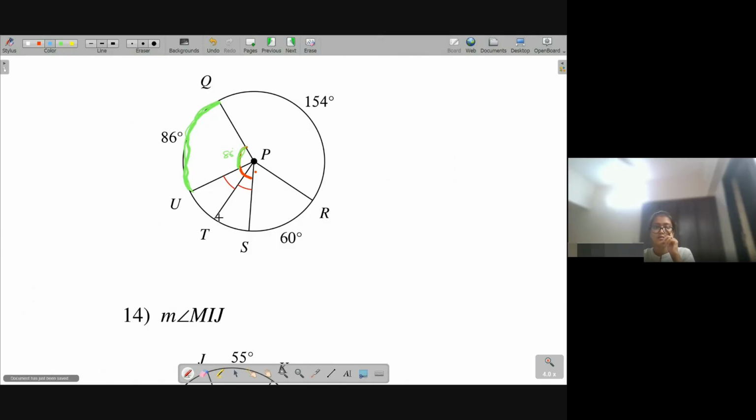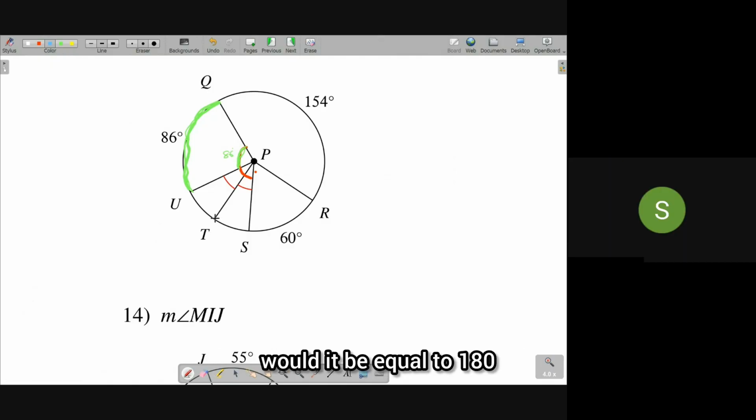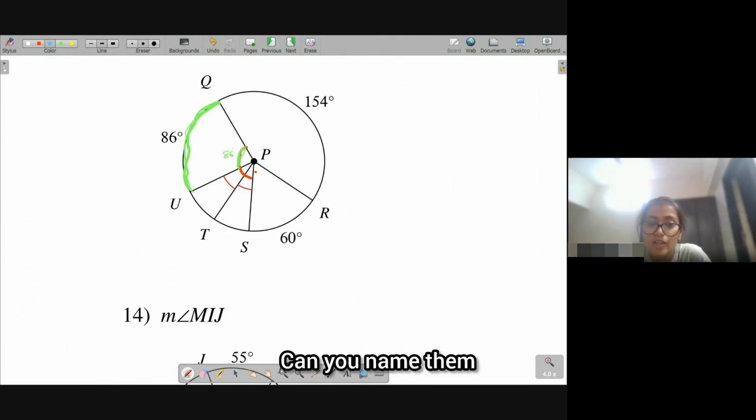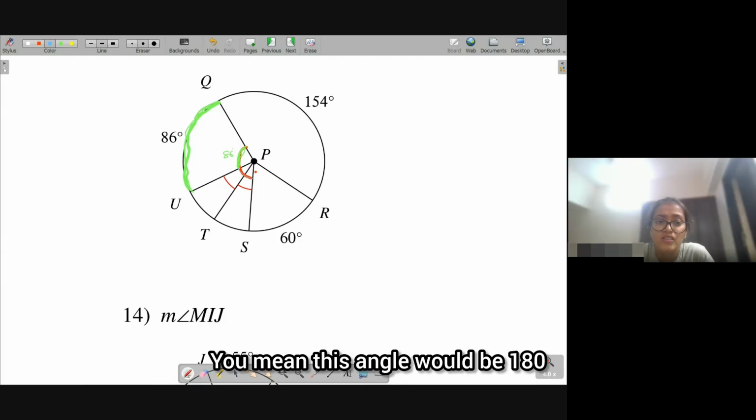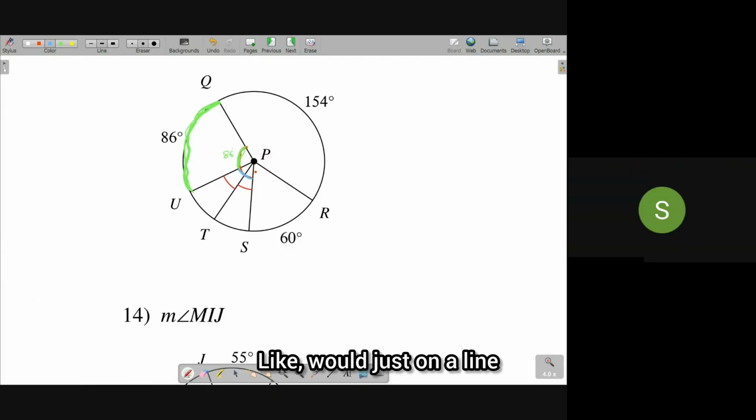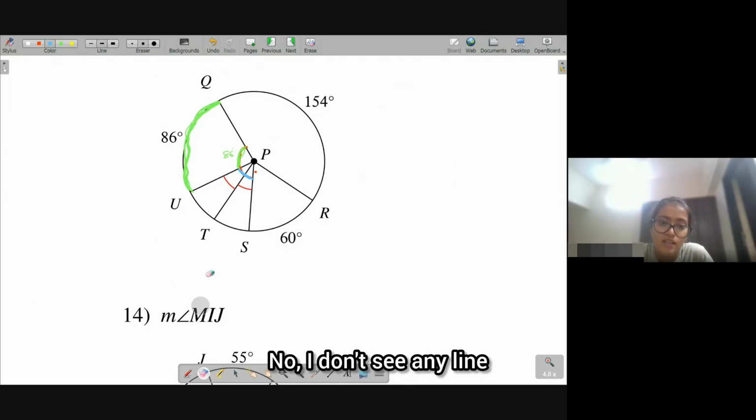Which one? Since the angles are on a line, would it be equal to 180? Which angles are you saying? Can you name them? Like the red and orange angles between U, T, and S. You mean this angle will be 180? Since on a line, would those all equal 180? So if we have 86, we just do 180 minus 86. No, I don't see any line.